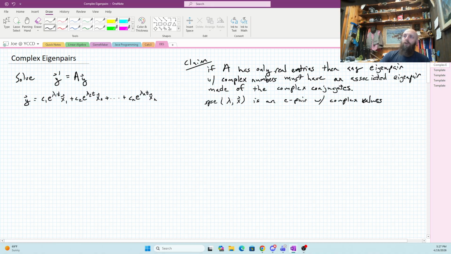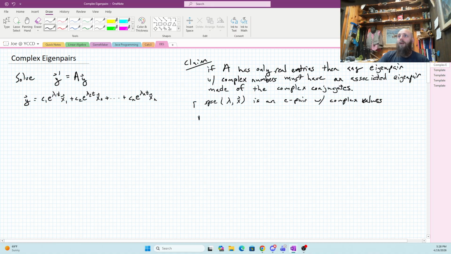In order for it to be a complex eigenpair from a real matrix, lambda has to be complex, which automatically forces x to be complex, but that's maybe not necessarily obvious. Let's just suppose there's something complex going on in either one of these. It doesn't really matter for the proof.